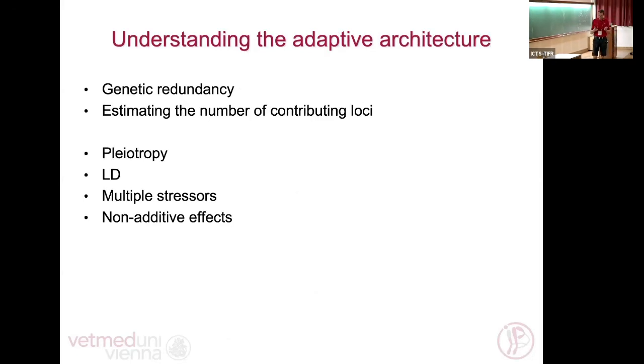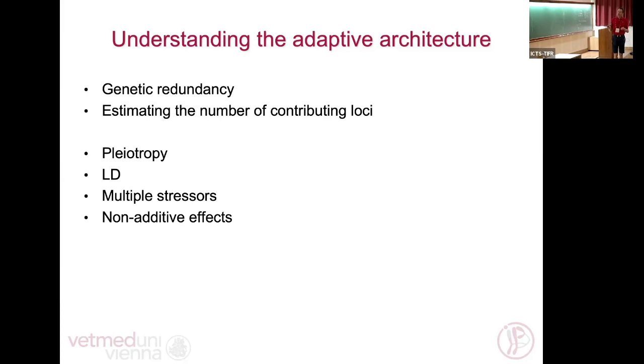So what I would like to tell you is how we are doing the characterization. I will first talk a bit on genetic redundancy, which is a hallmark of polygenic adaptation or polygenic traits in general, and how we can go about trying to estimate the number of loci that are contributing to a polygenic trait.